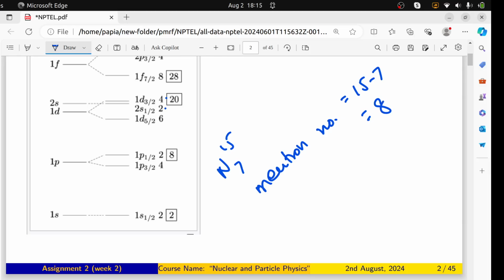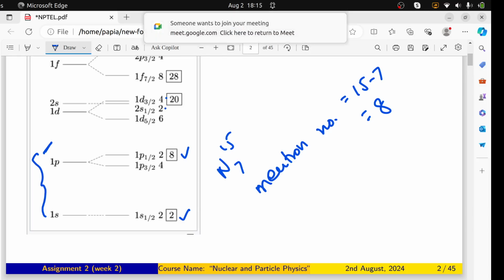If it is 8, then you can definitely see from this figure that 2 is there, and up to this 1p, 8 has already been filled. That means for the neutron case, 1s and 1p, these two nuclear states will be fully filled. So our neutron is fully filled and it is very stable for this case, right?